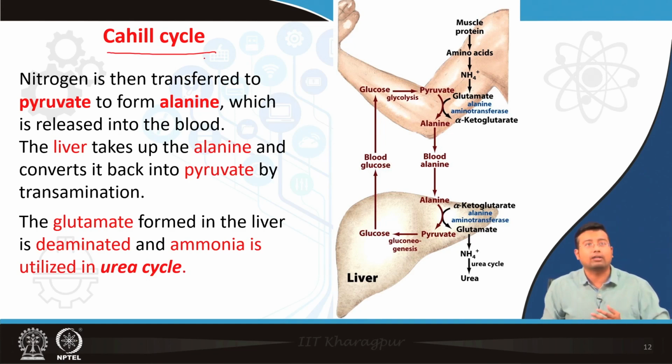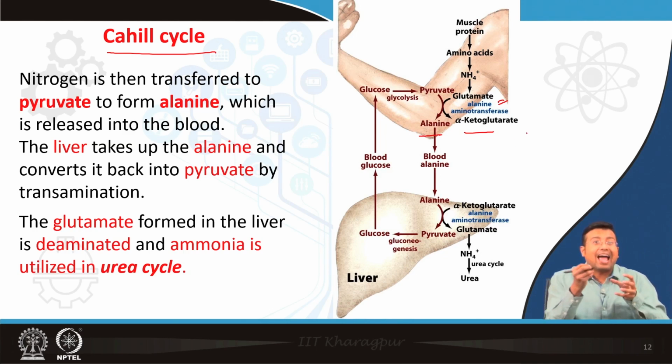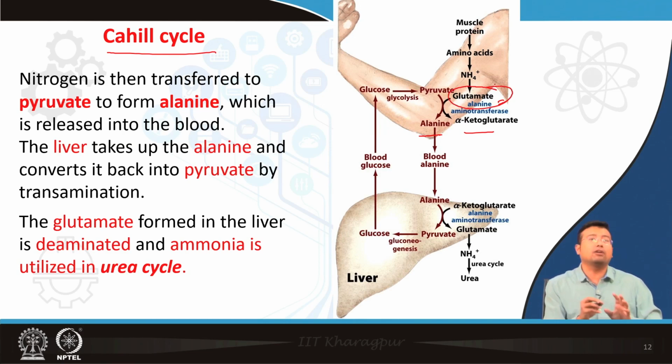Let's see what happens over here. The amino group is transferred to pyruvate to form alanine. This is a transamination reaction happening at the level of muscle. Because there is an absence of glutamate dehydrogenase here, glutamate cannot be further metabolized.